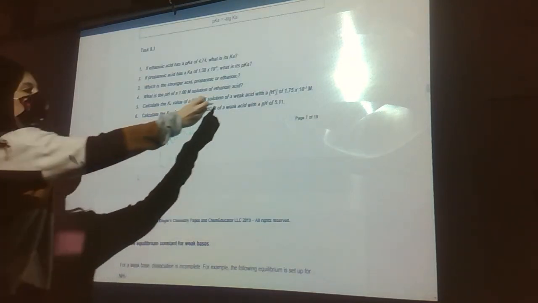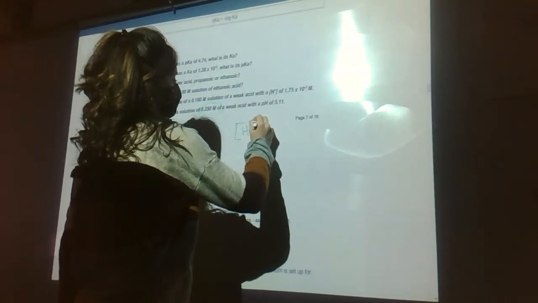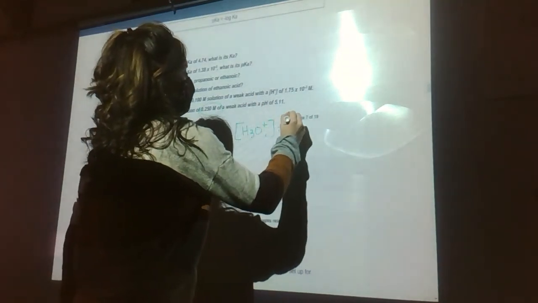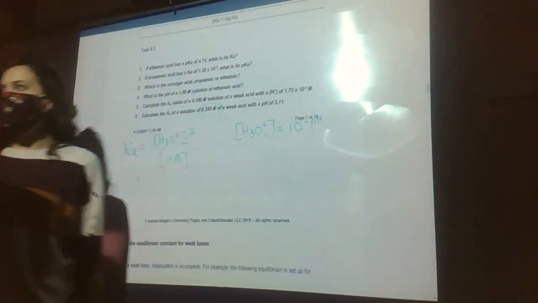They gave me weak acid, 0.250 molar. But they didn't give me hydronium. What did they give me that can help me find hydronium? The pH. So, to find the hydronium concentration, I take 10 to the negative pH. Right? The opposite.